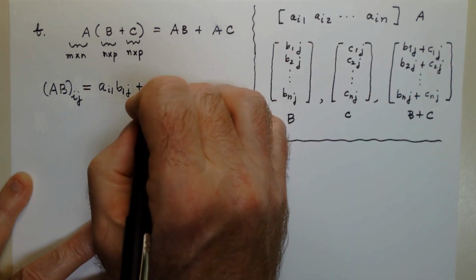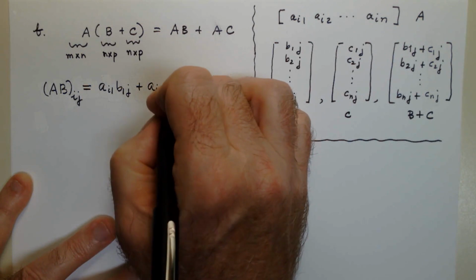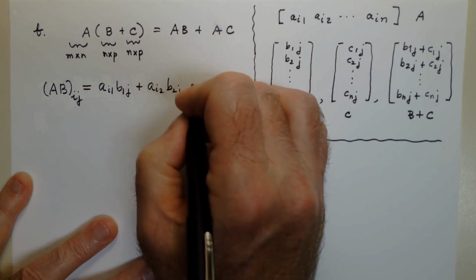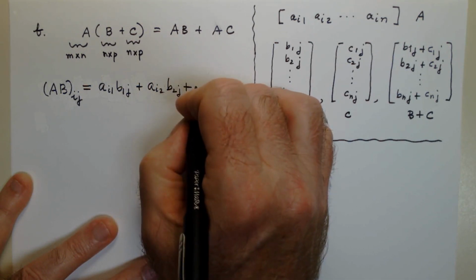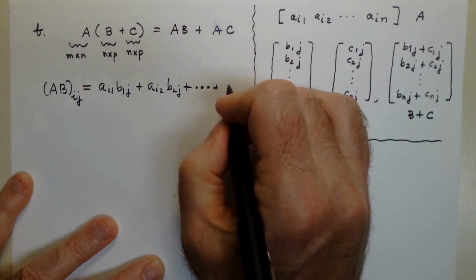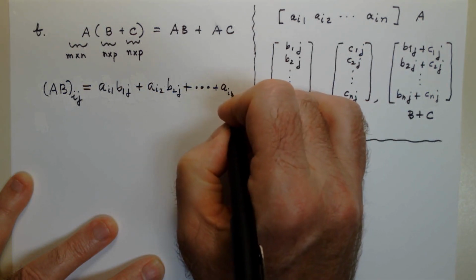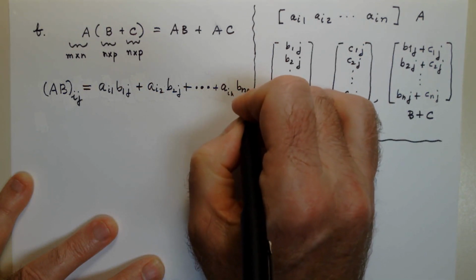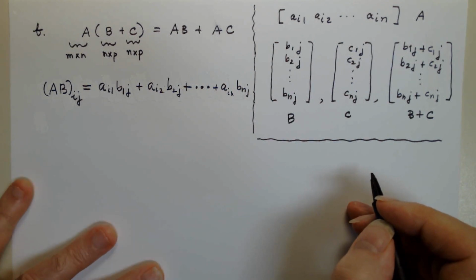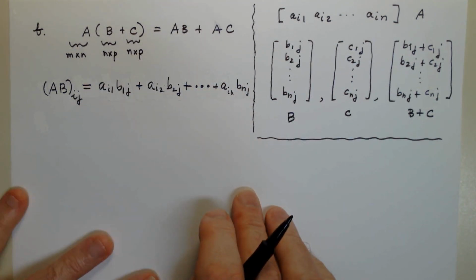We'll have Ai2 times B2j. And this will go on until we get to the last elements.